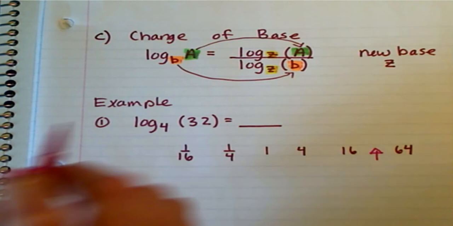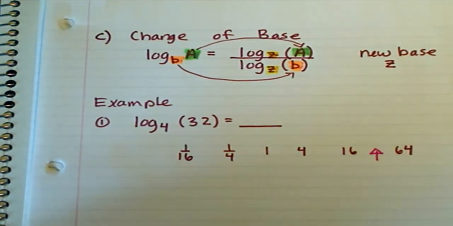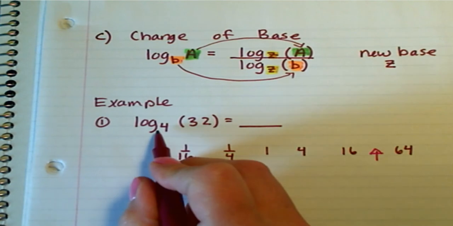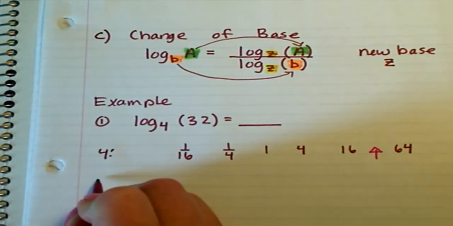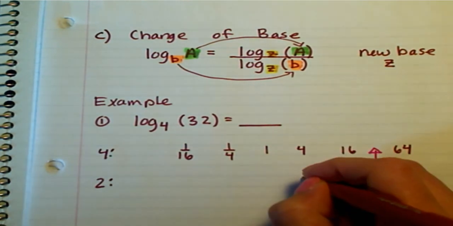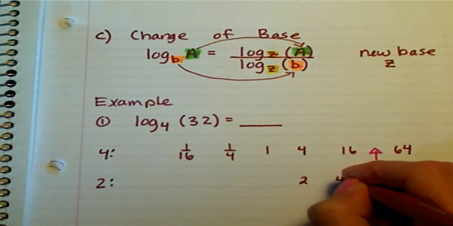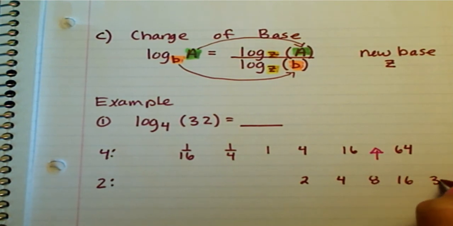So you have to look at your 4 and your 32. Is 4 a power of something? So let's come down here and let's look at 4. All right, so these are the powers of 4. I'm going to do the powers of 2 instead. 2, 4, 8, 16.